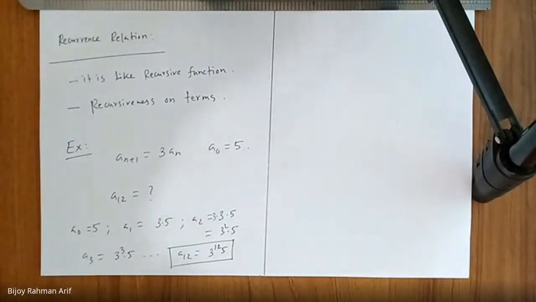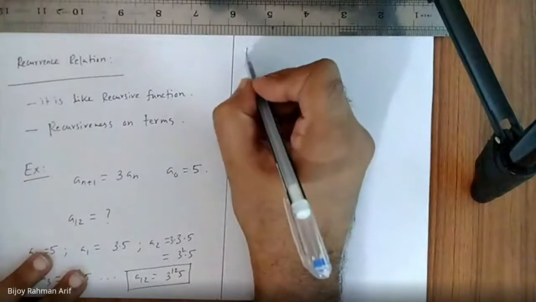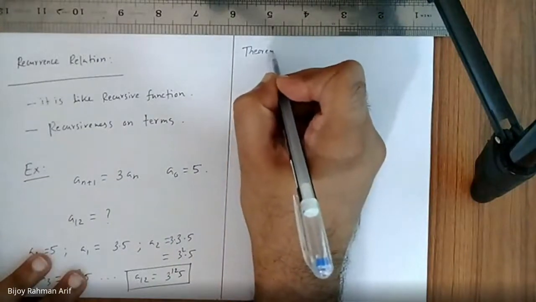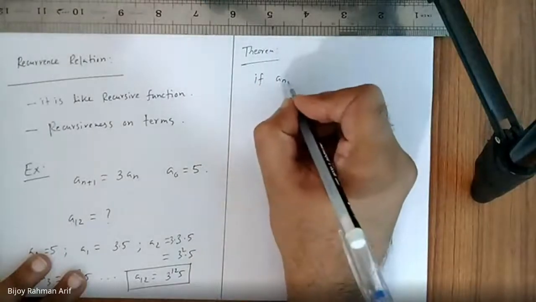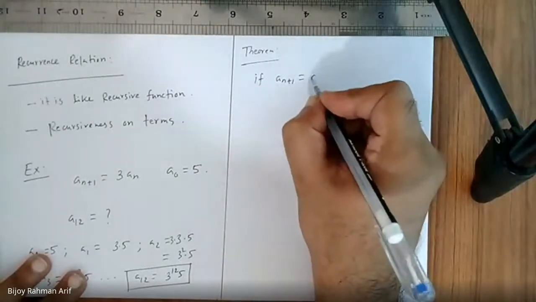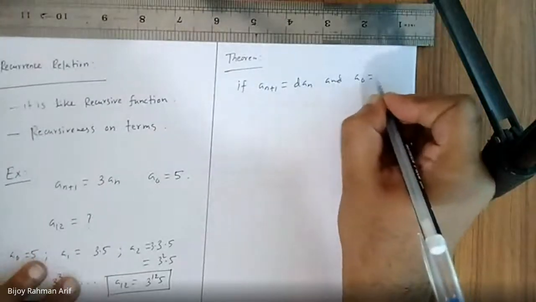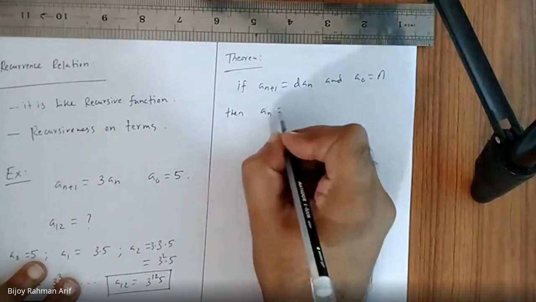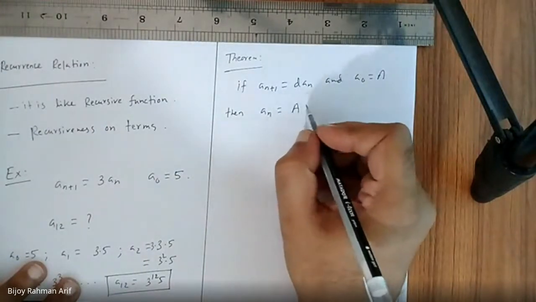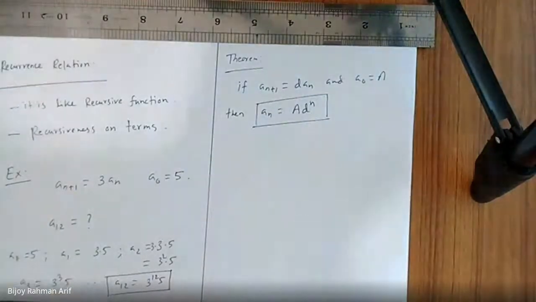All right. So let's talk about a theorem. If a(n+1) = d an and a0 = a, then an = a d to the power n. How can we prove this?